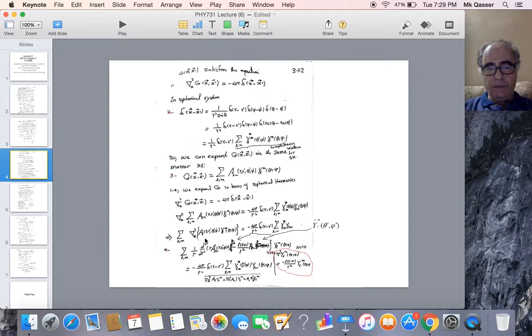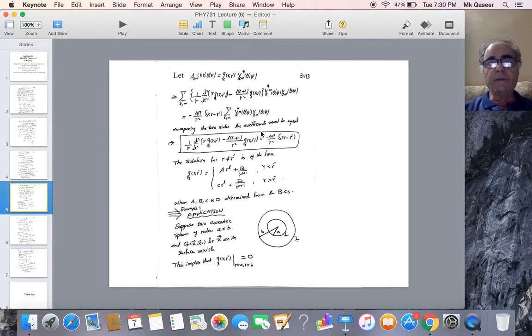Now the Laplacian with respect to r of Y_lm can be written as in this expression, the red one, which is minus L of L plus 1 over r squared Y_lm of theta and phi. We substitute for this expression now, and we equate the right side of this equation with the left side.